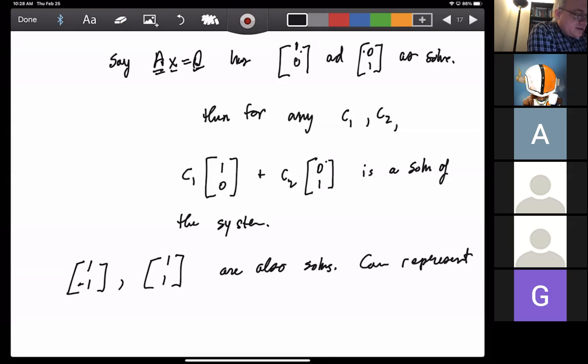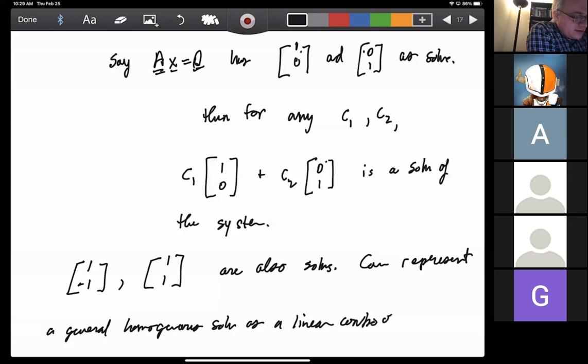I could represent a general homogeneous solution as a linear combo of these two vectors. So having the general solution is useful, but it's not something that you can specify uniquely. If I can write my solution like this, I could write it as a linear combination of the second pair of vectors just as well. And that's something that you see in general.